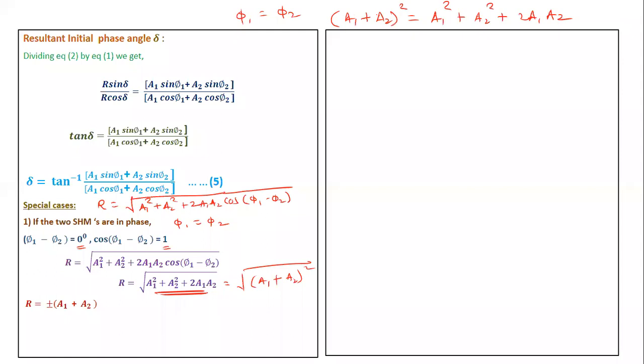So under root a1 plus a2 bracket square means it is equal to a1 plus a2. So resultant amplitude we get a1 plus a2 if the two SHM are having the same phase, or we can say that they are in phase.